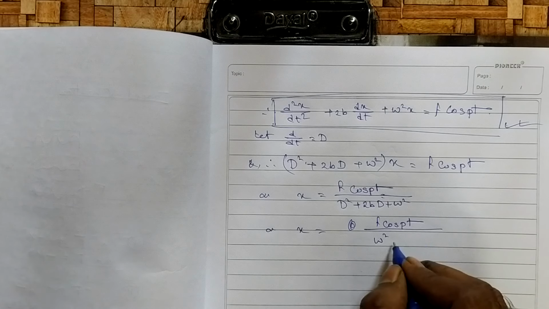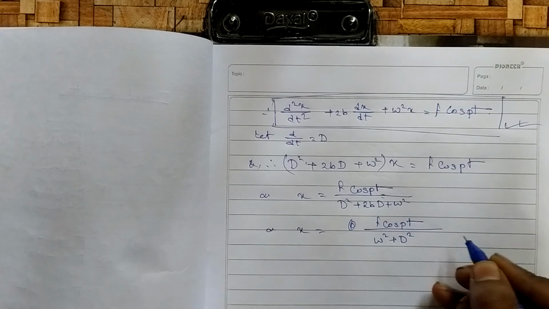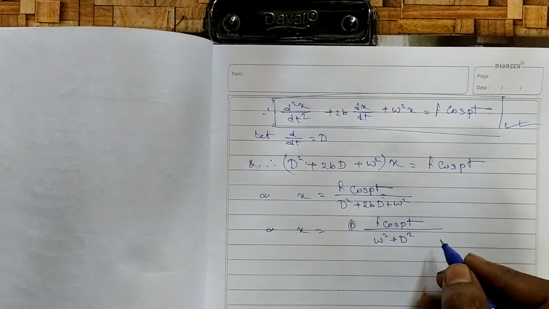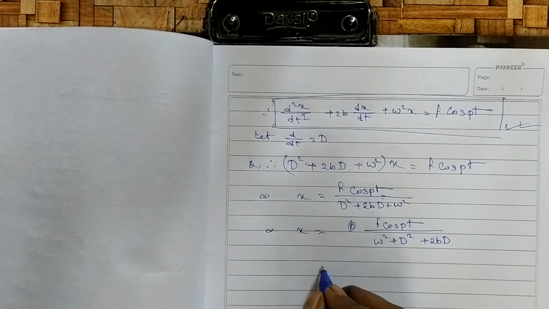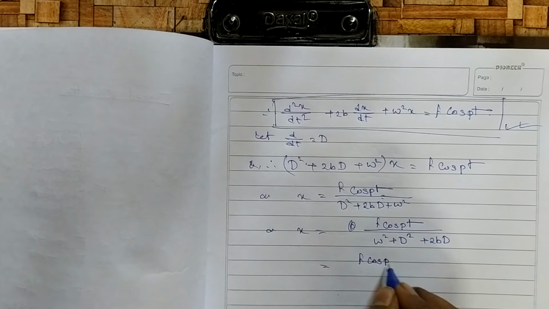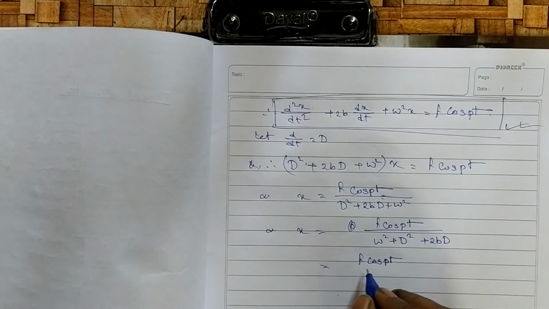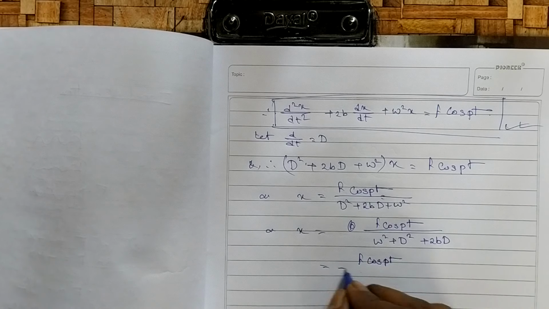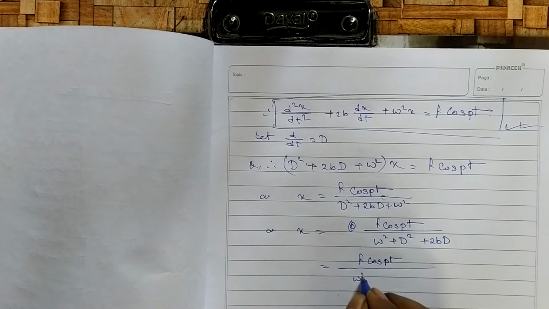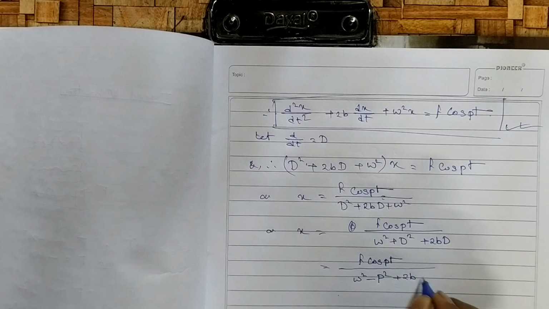Omega square plus D square plus 2bD, f cos pt. So x is equal to f cos pt by (omega square minus p square plus 2bD).